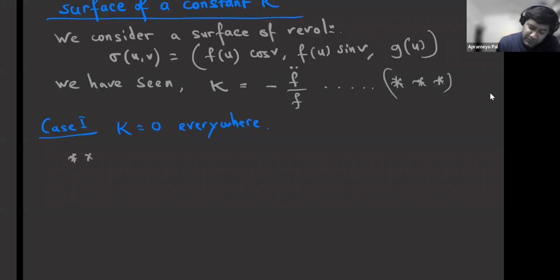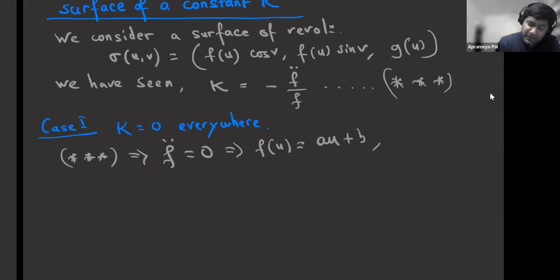Then the star equation gives us that f double prime is 0, which means f(u) is a u plus b for some constants a and b. But we know that f dot squared plus g dot squared is 1; this was an assumption on the surface of revolution, that the planar curve given by (f(u), g(u), 0) is unit speed.